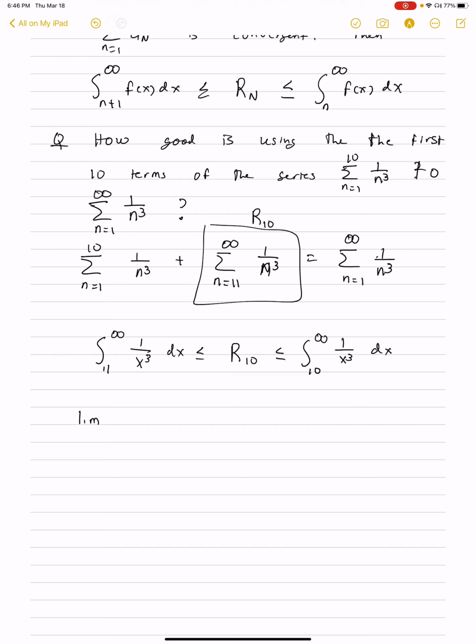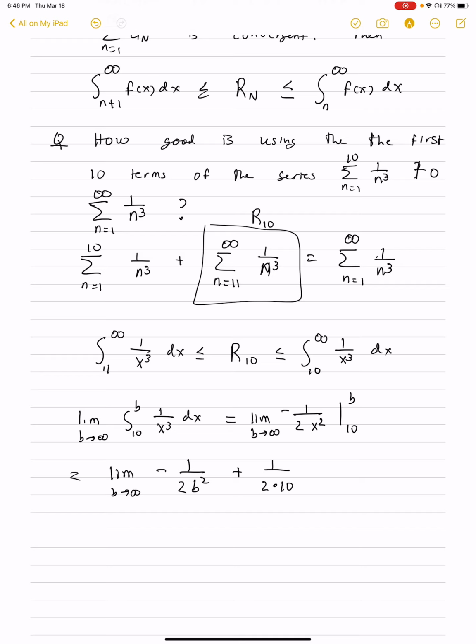This would be the limit as b goes to infinity of the integral from 10 to b of 1 over x cubed dx, which is the limit as b goes to infinity of, we already anti-differentiated this, negative 1 over 2x squared, evaluated at 10 and b. We're going to do this limit as b goes to infinity of minus 1 over 2b squared plus 1 over 2 times 10 squared. That limit evaluates to 0.